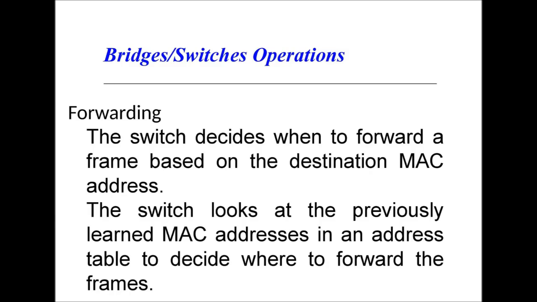So as long as the MAC addresses are saved, the switch will forward the frame to the specific intended destination. So this is a simple forwarding concept. Forwarding means to forward a frame to the desired destination on the basis of MAC or physical addresses, and all the MAC and physical addresses of devices connected to a switch are saved by the switch in its MAC address table.